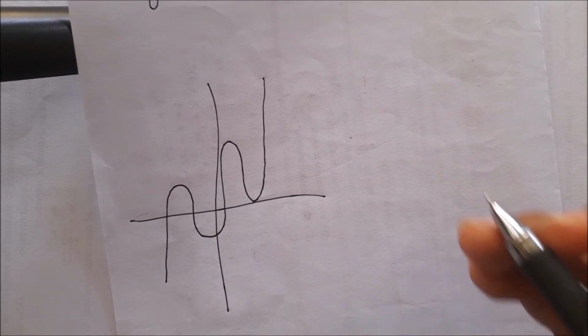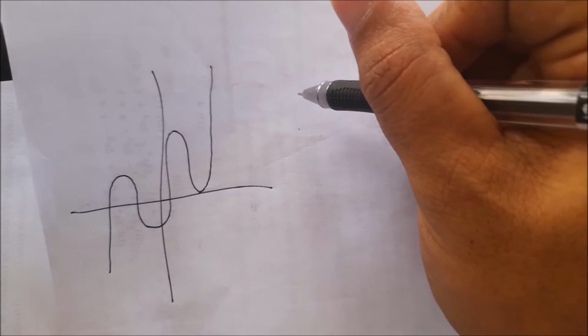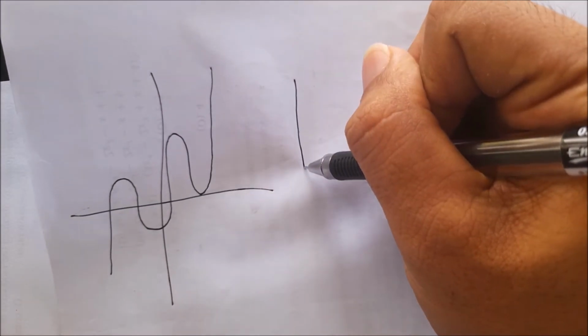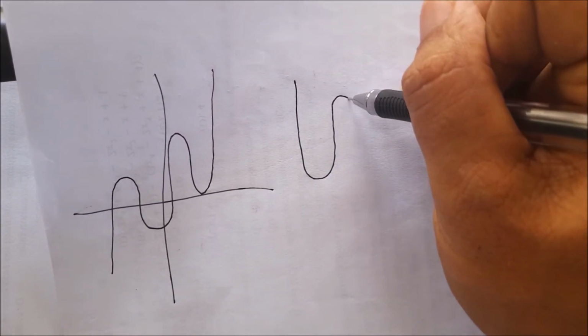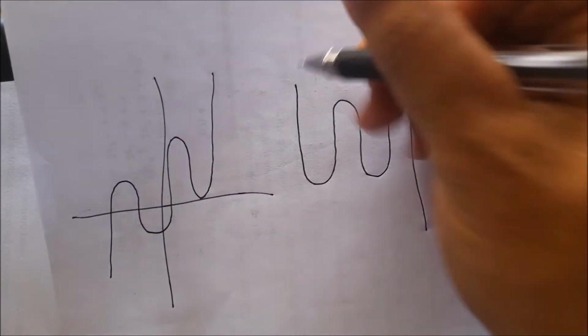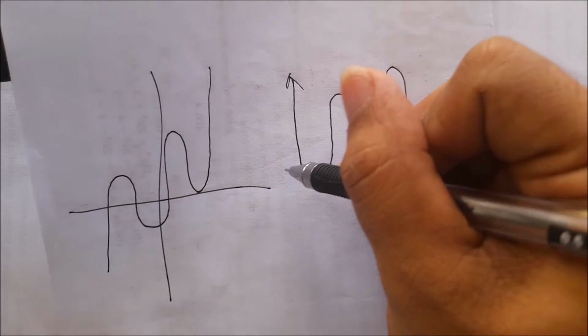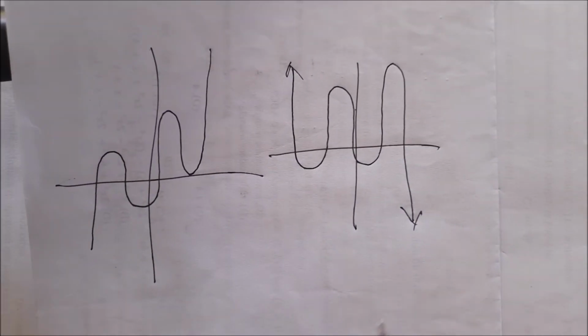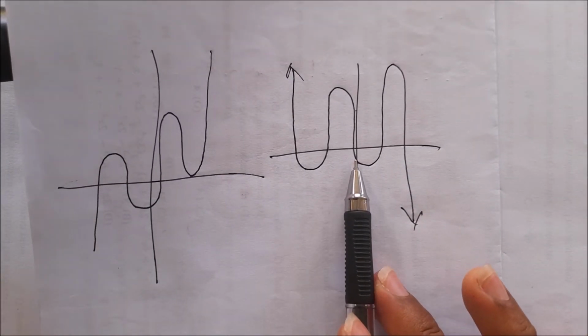That is how the graph is formed. Or vice versa: decreasing, increasing, decreasing, increasing, decreasing. Those are the turning points of the graph.